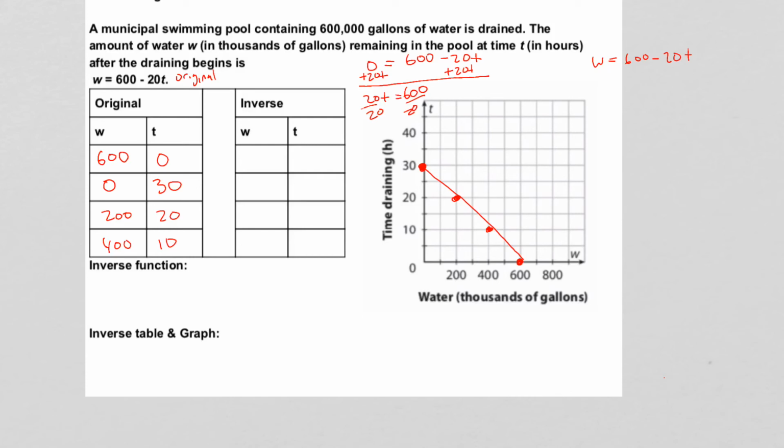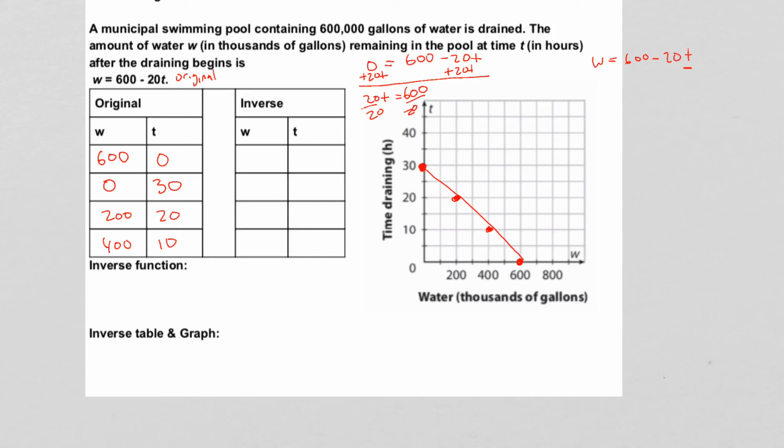So I think what we should do here is solve for t in terms of w. Right now I have w in terms of t. I actually need t in terms of w. So let's solve for t.